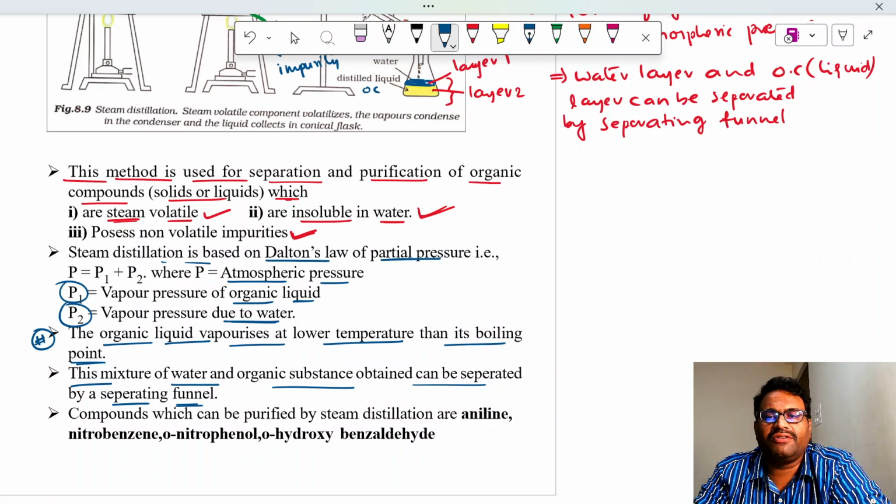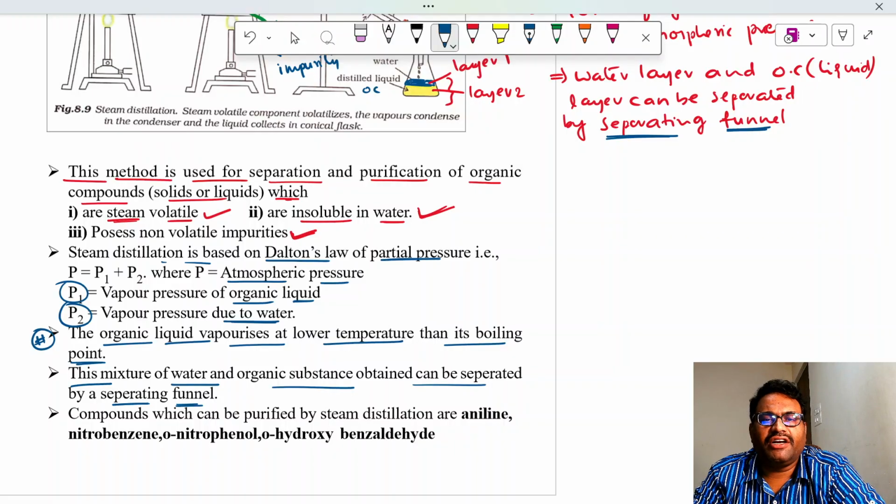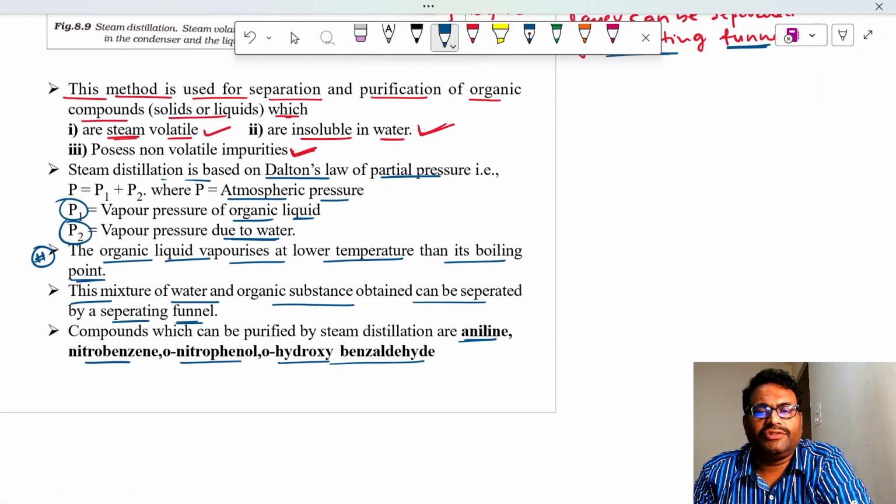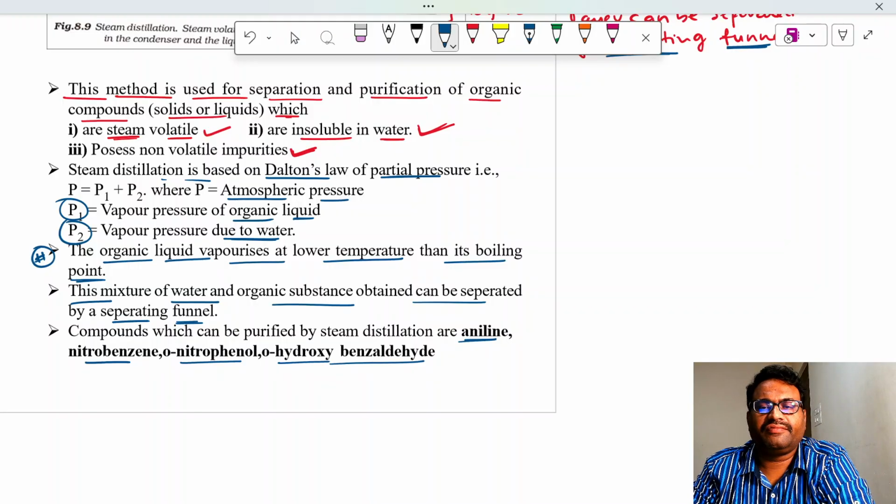Next, this mixture of water and organic substance obtained can be separated by what? A separating funnel. The liquid and organic compound layers can be separated using a separating funnel. Compounds which can be purified by steam distillation are aniline, nitrobenzene, orthonitrophenol, and orthohydroxybenzaldehyde.